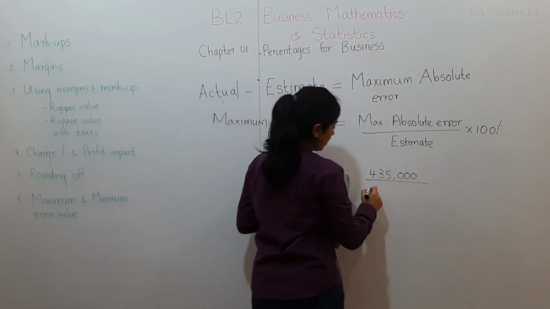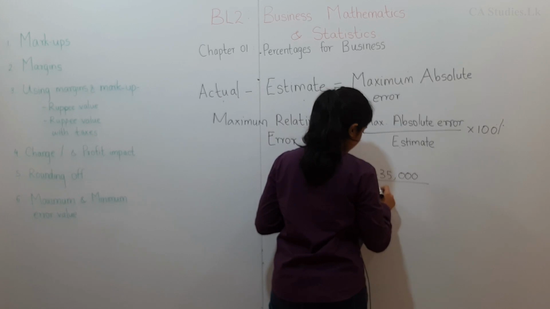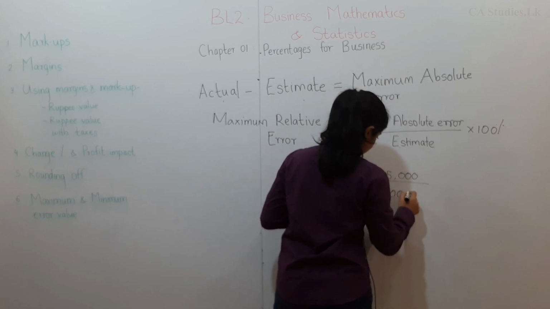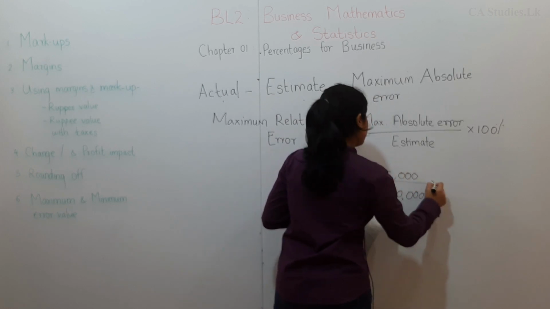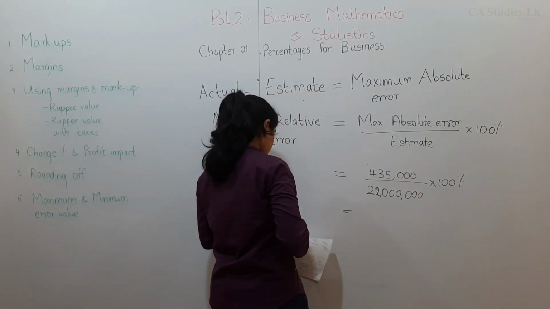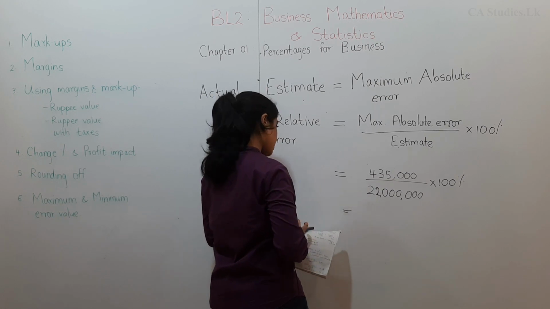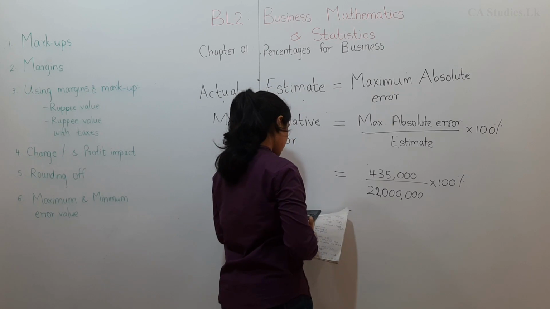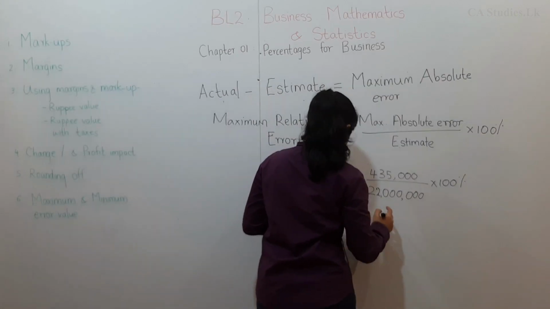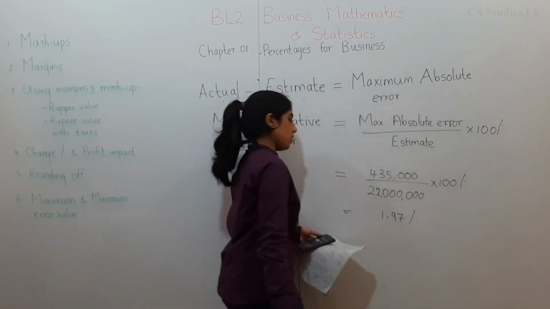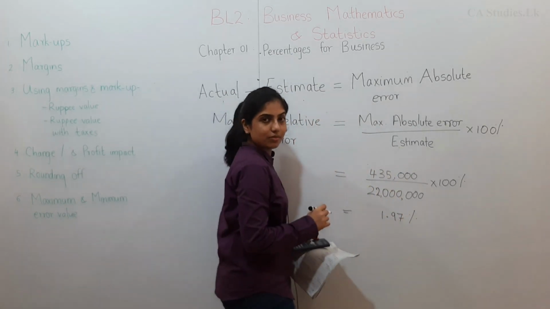What was it? 22 million was the rounded figure. 435,000 divided by 22 million into 100 is 1.97%. Now round it to one decimal place.